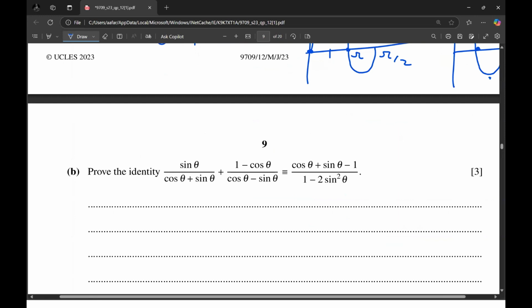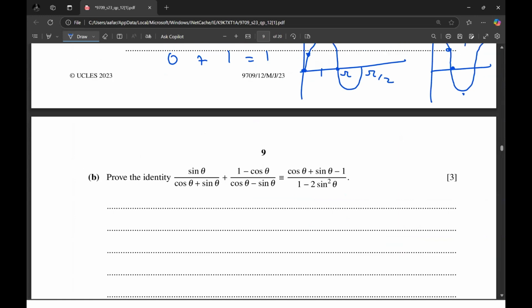So now it says prove the identity. If you look closely, we can see cos theta plus sin theta, cos theta, 1 minus sin theta. If we take the LCM, then we get cos theta plus sin theta into cos theta minus sin theta, and that's similar to a plus b, a minus b, which gives us a squared minus b squared. So let's try doing that.